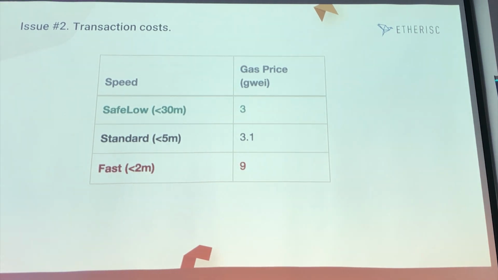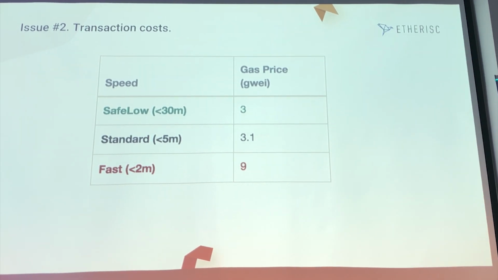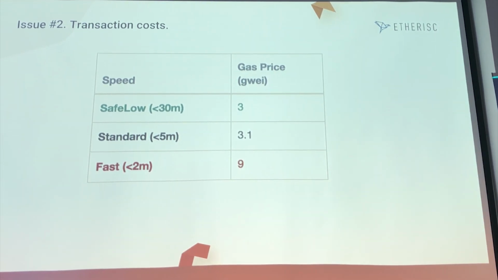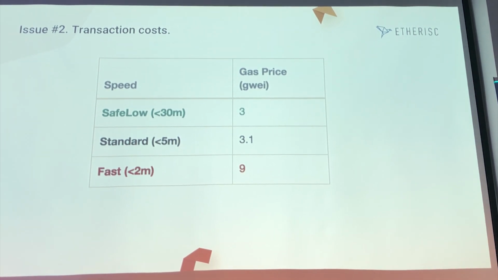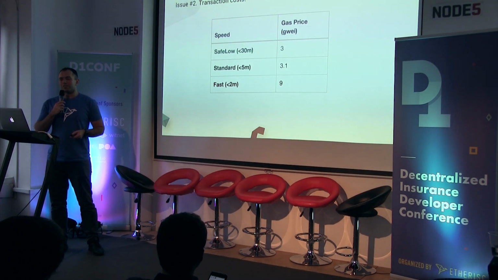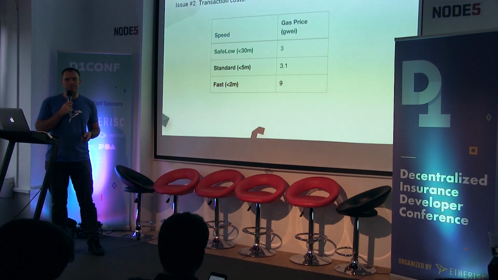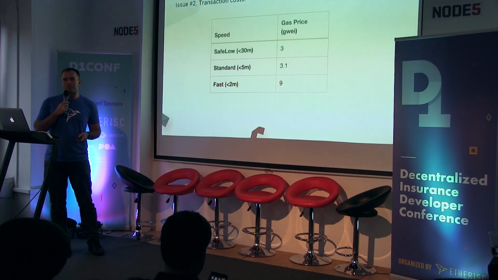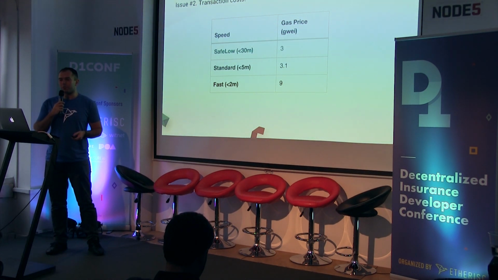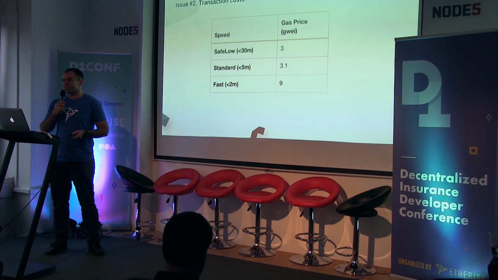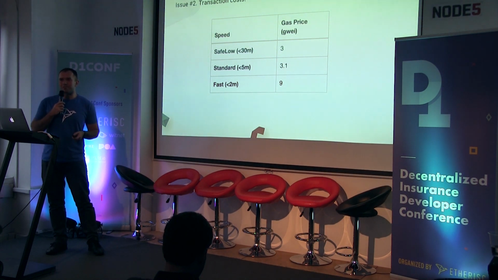The second problem that arose from the variable price of the transaction was that each transaction, though cheap compared to the premium paid on the policy, for example, when the policy is $20, then the transaction fee of 2 cents is negligible.